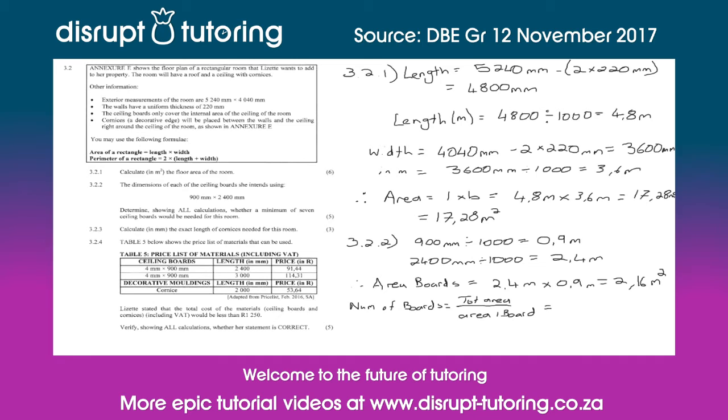Our total area, which we calculated in the previous question, is 17,28, divided by 2,16, and this is going to come to exactly 8 boards needed.